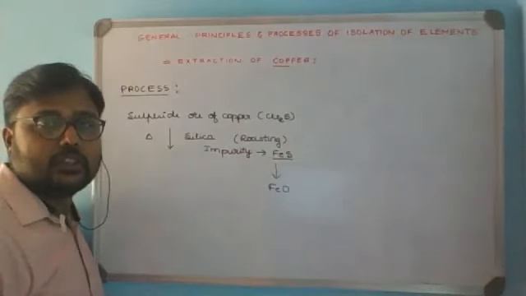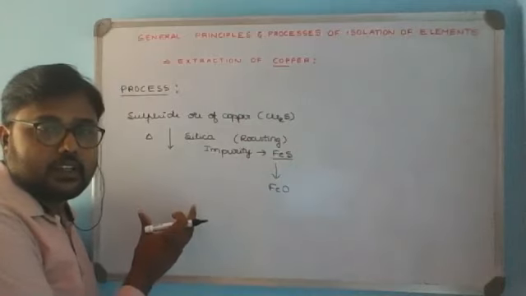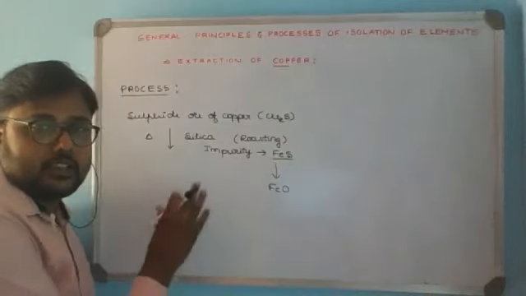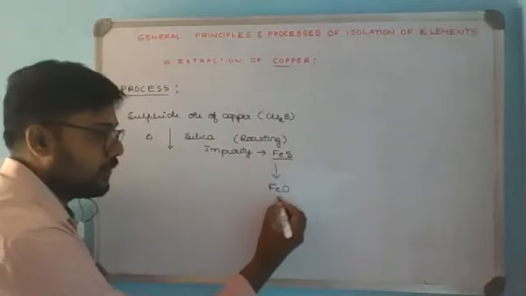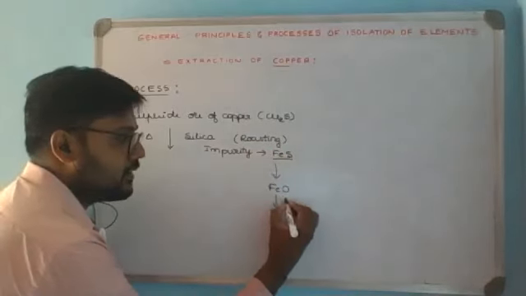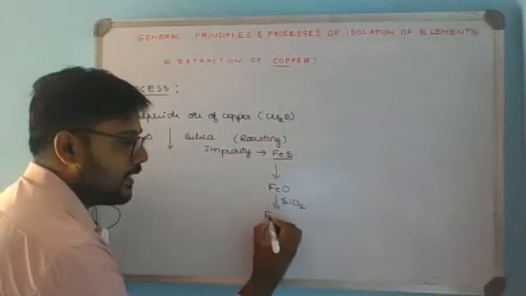FeS along with Cu2S will be obtained with a specific composition called copper matte, which we'll learn now. A few of the FeS get oxidized to FeO, which combines with silica and slags off as iron silicate.